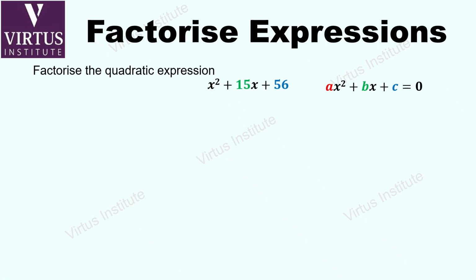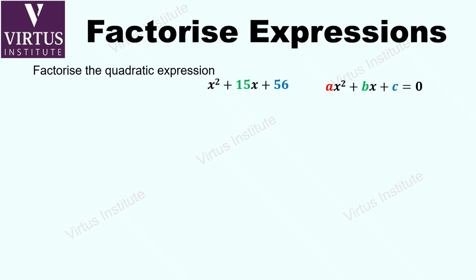Let's factorize the quadratic expression x squared plus 15x plus 56. A quadratic expression is an expression where the highest power of x is 2. It usually has the form ax squared plus bx plus c equals 0, where a, b, and c are numbers and a is not 0.